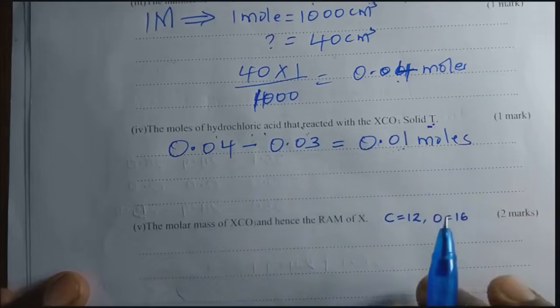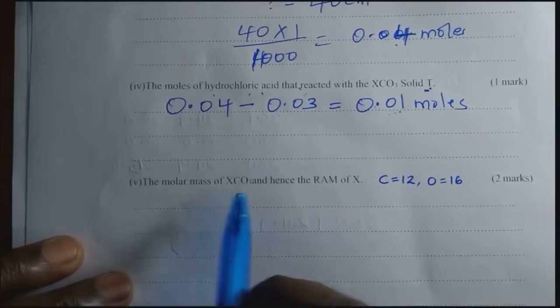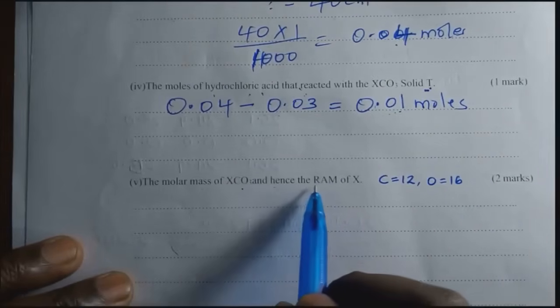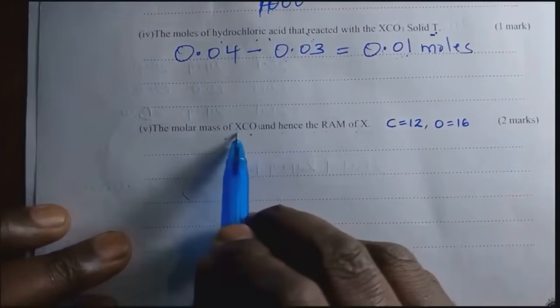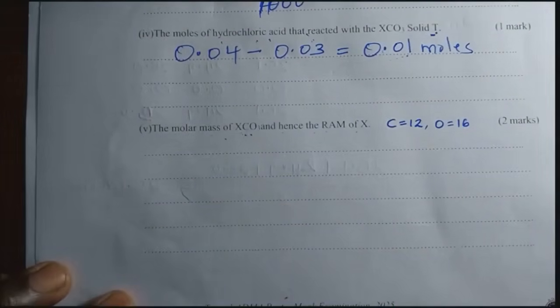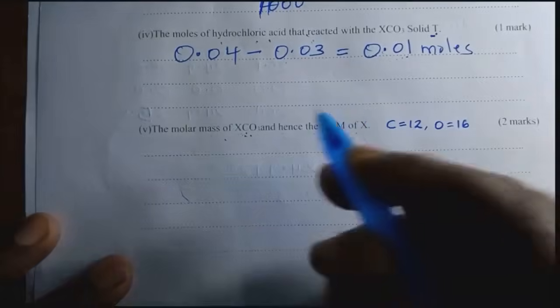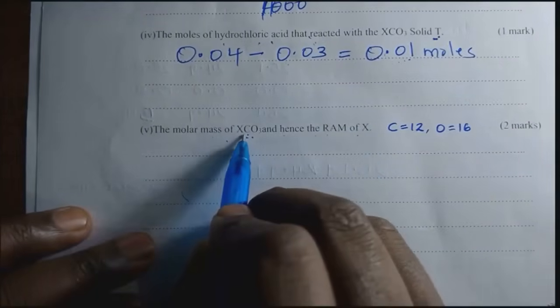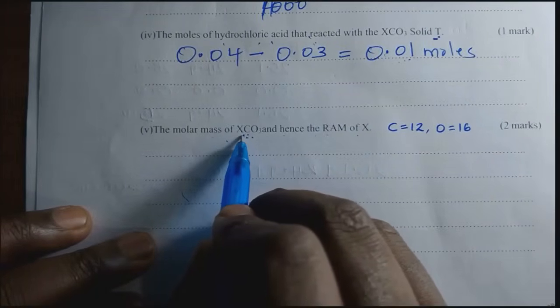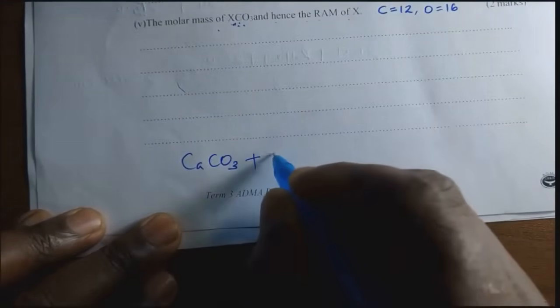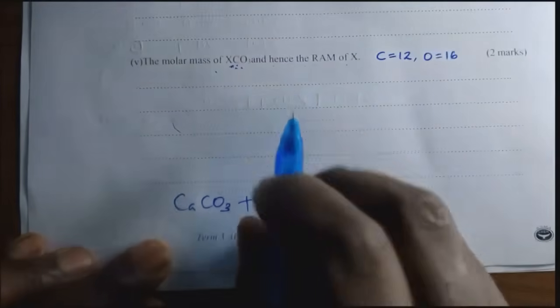Calculate the molar mass of X carbonate, hence the RAM of X. But before we calculate the molar mass, we need to know the number of moles of X carbonate. So X carbonate reacts with HCl in which ratio? We were told that these are divalent, like calcium. Now you can write an equation somewhere like calcium carbonate plus HCl or nitric acid, assuming that C2 was nitric acid.